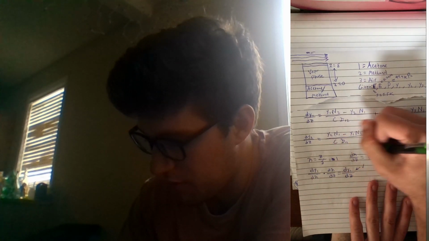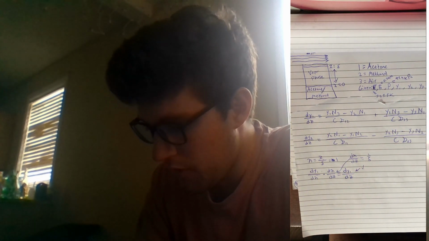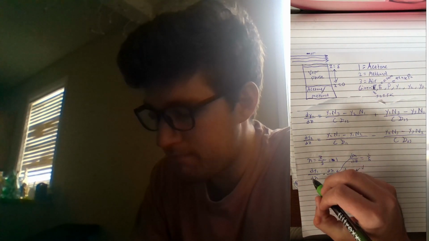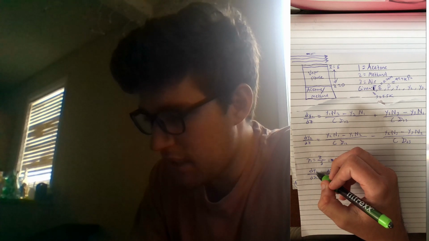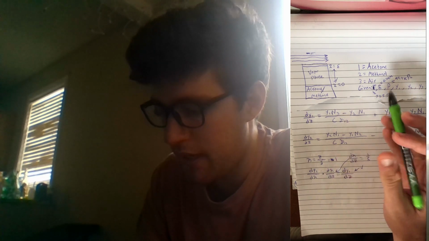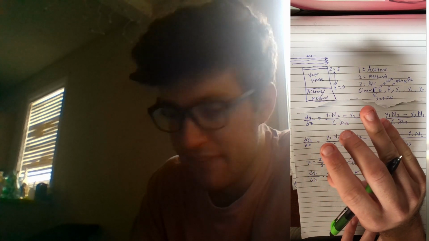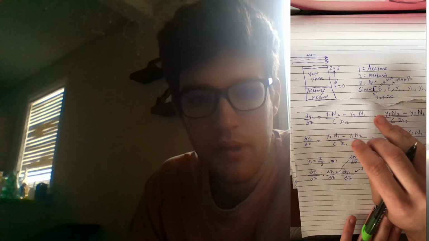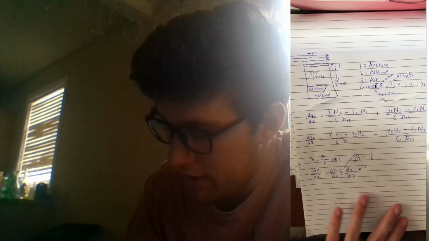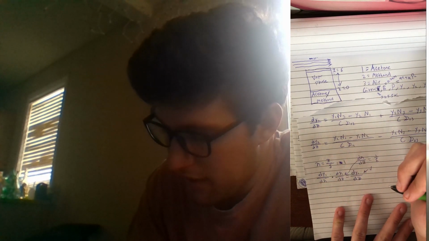Now this is known, and we can put this in for that, leaving us with one variable, the rate of acetone in respect to eta. But we are going to write this out and see what that actually will give us. So with one unknown, now we're going to write this out.